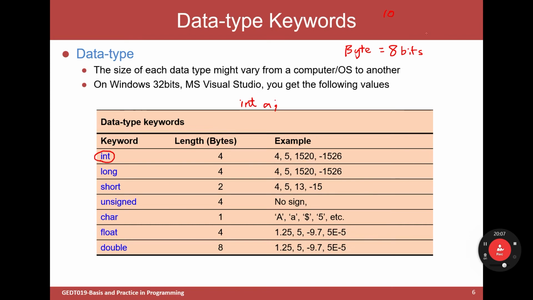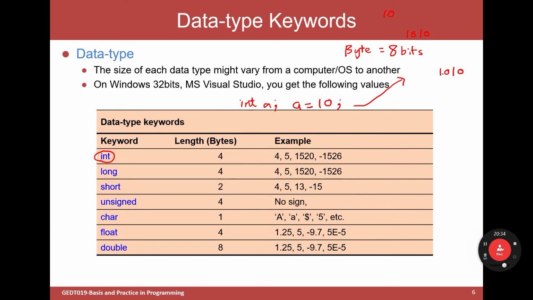It will be 0, 1, 0, 1. So this is 4 bits. But if you want to save 10 inside some variable a, so for example, I say a is equal to 10, okay? This will go to the computer memory, and in the computer memory it will be like this: 0, 1, 0, 1, okay?